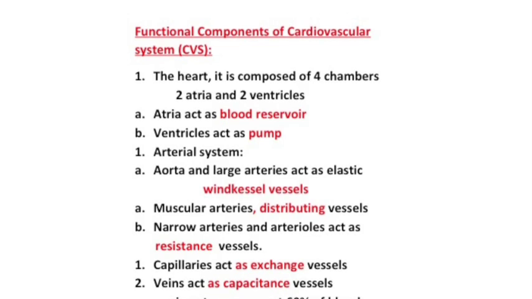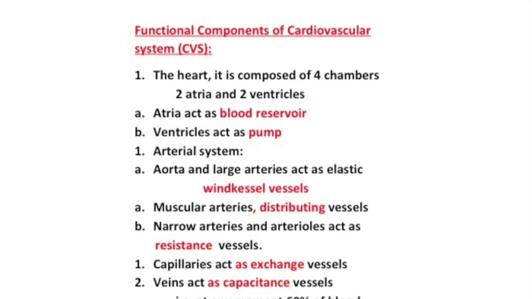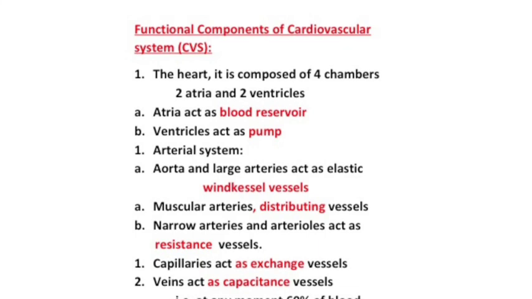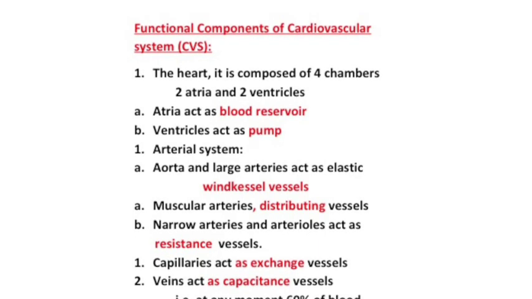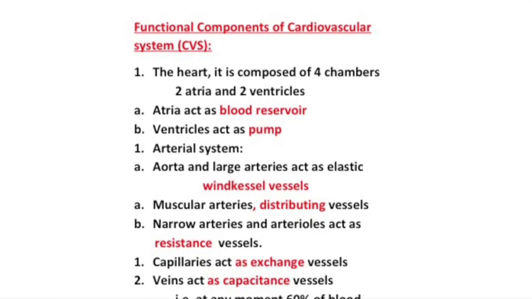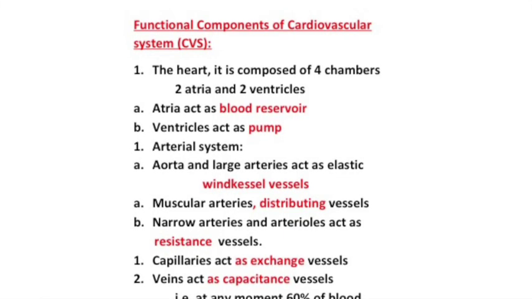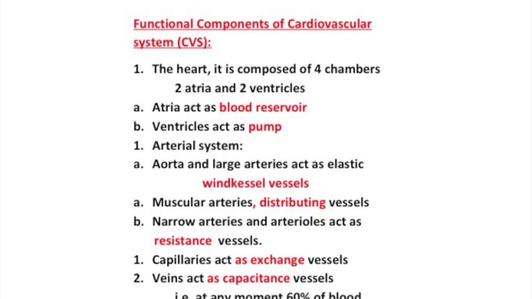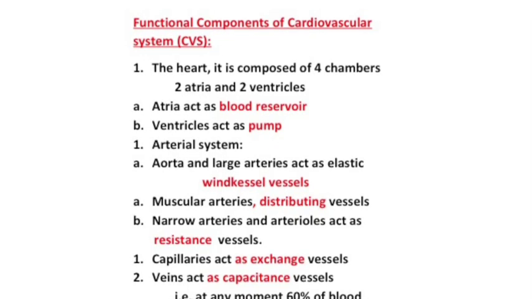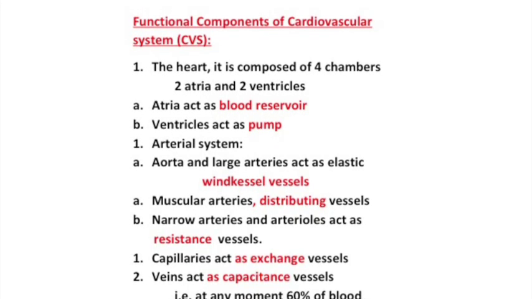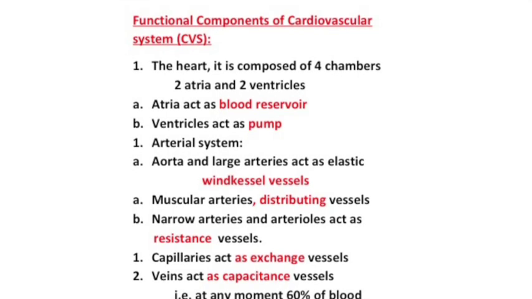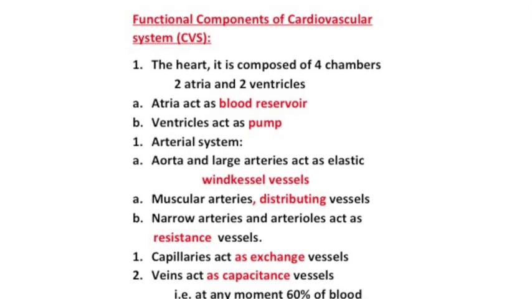So it's a blood reservoir and not a pump. So the atria are reservoir, مخازن للدم. مش مهم قوي البامب فانكشن او المضخه بتاعتهم، لانه they are responsible only for filling the ventricle by 30% of its blood volume.